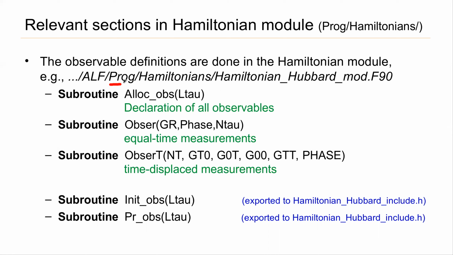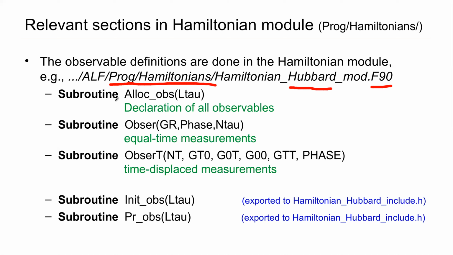Then there's the subdirectory proc, Hamiltonians, and you will find there a bunch of already pre-implemented models. In this case, it's the Hubbard model with the F90 Fortran ending. Within this file, I will show you in a second, there are 3 subroutines which typically change, and then 2 others which usually don't change and can therefore be easily included from this Hamiltonian Hubbard file. But let's get back to this later.